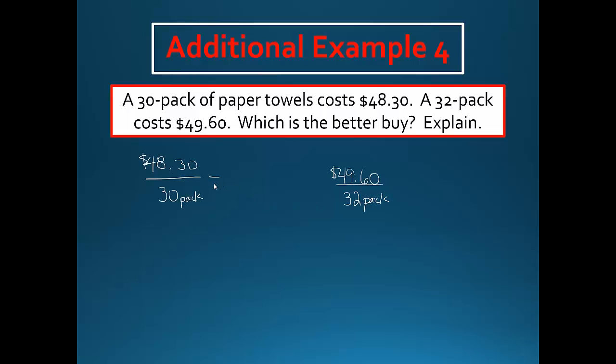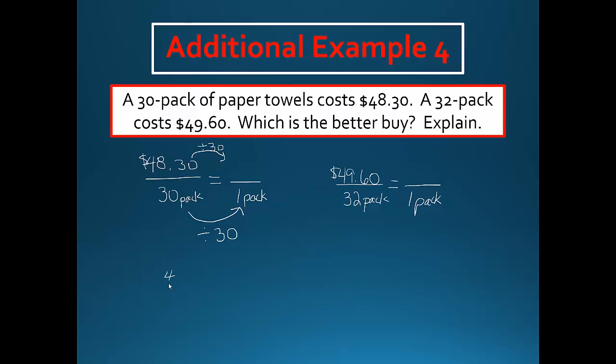For both of these, we want to know how much it's going to cost per pack. So we want 1 pack on the bottom for both of these, for the denominator. So for our first one, we're going to divide by 30. So I also need to divide the numerator by 30 as well.